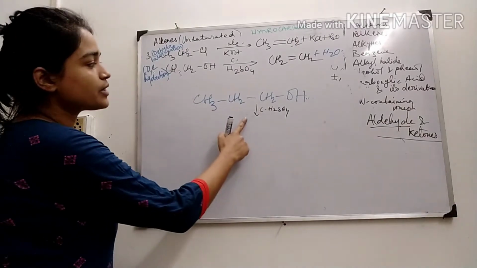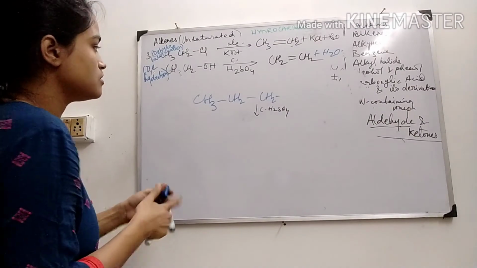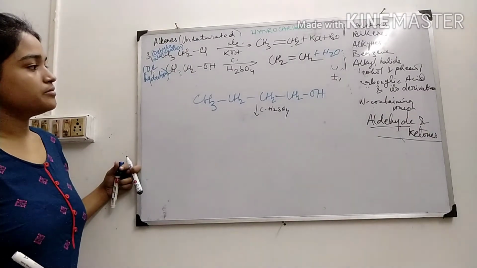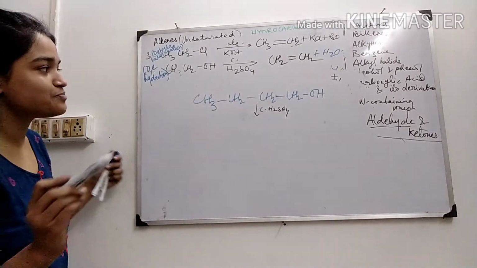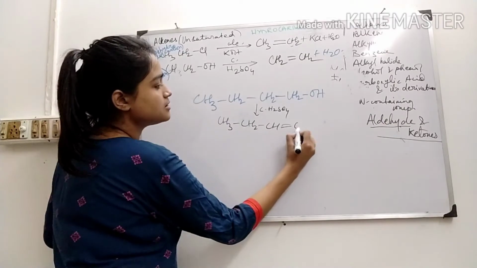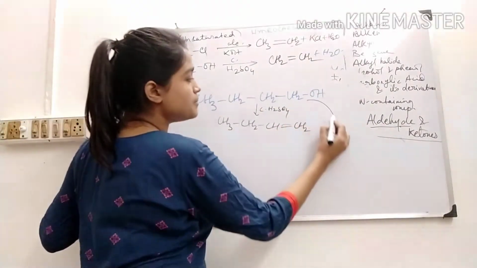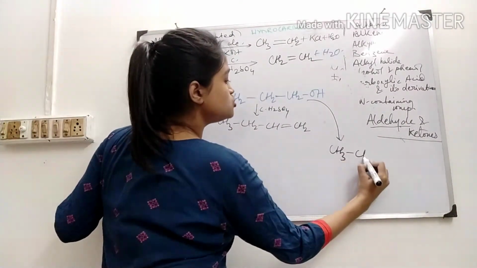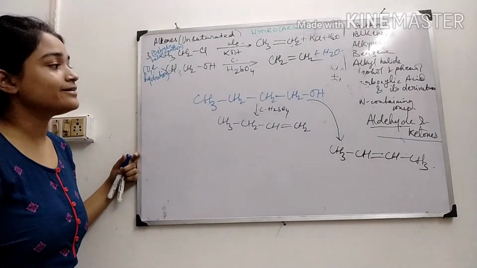The expected product that I am supposed to get is 1-butene, but the major product that I am getting is 2-butene.